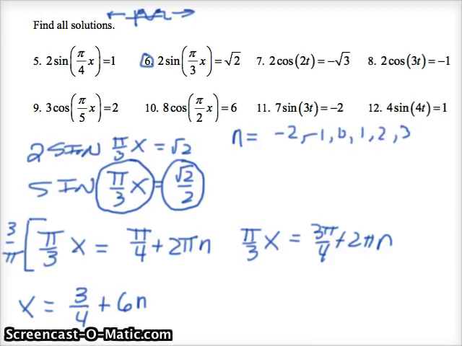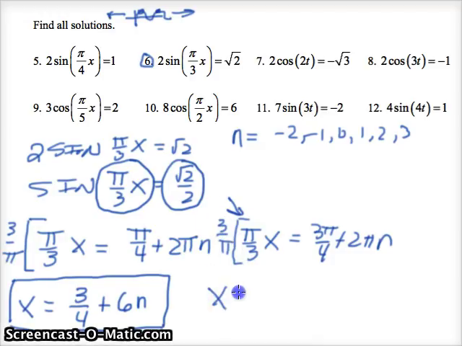Well, it said find all solutions, and actually, folks, this is the answer. These are all of the possible values for x. It didn't say between 0 and 2 pi. Now remember, that's just one of the solutions. Here's the other solution right here. So we're going to do the same thing again. We're going to multiply both sides by 3 over pi to solve for x.